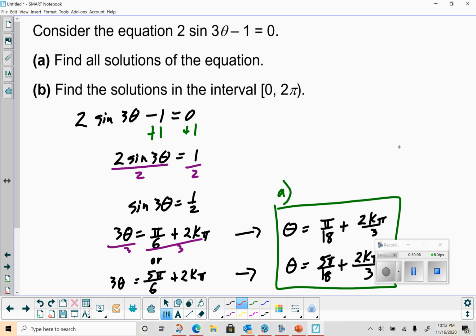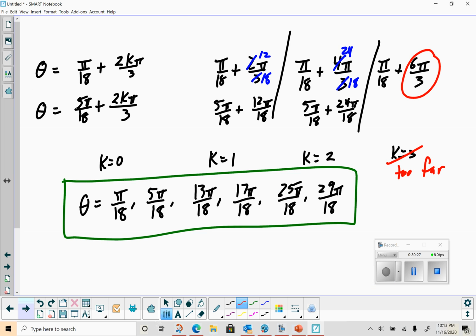But in this case, because it's not just a single angle, not just x, not just theta, there's one additional step in getting from 3 theta or 27 theta or 5x or whatever it is down to just the angle itself.